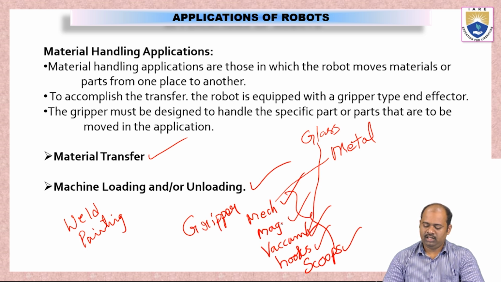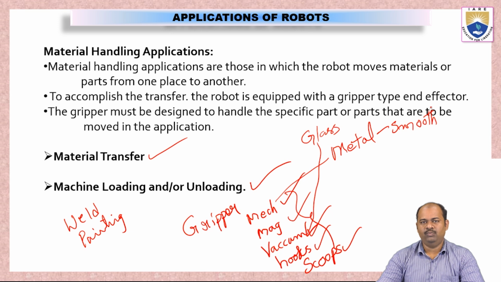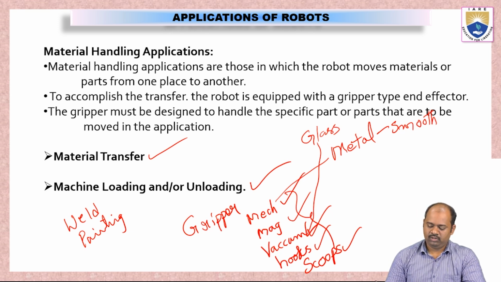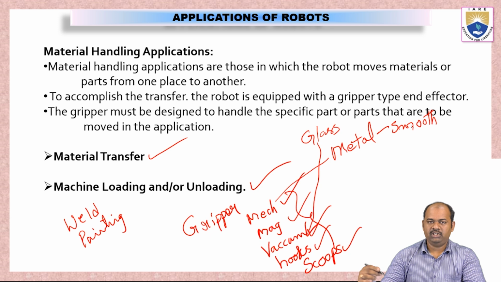If I want to shift an object which is made of metal, and this metal has a very smooth surface, then we have to use a vacuum type of gripper, because when the surface is very smooth, the mechanical grippers may lose the object.